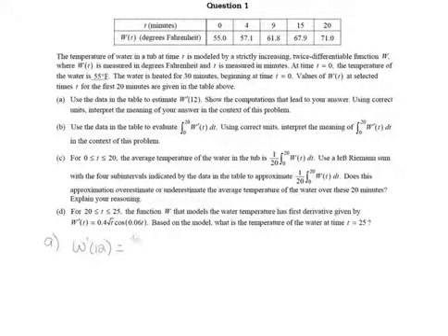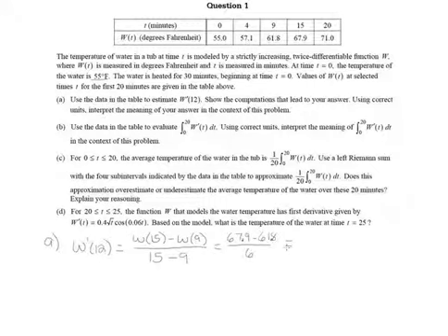So that would be W of 15 minus W of 9 over 15 minus 9, which is going to equal 67.9 minus 61.8 over 15 minus 9, which is 6.